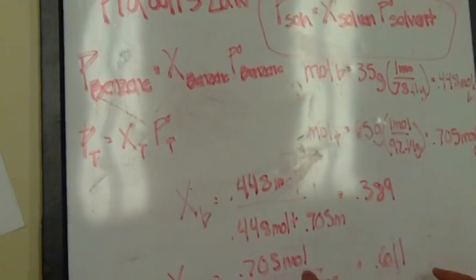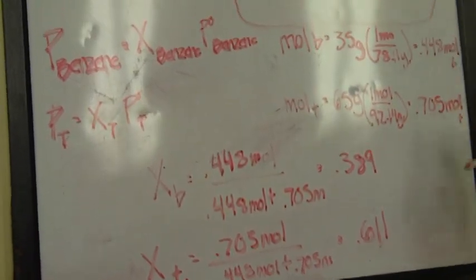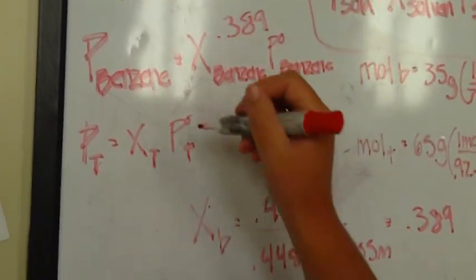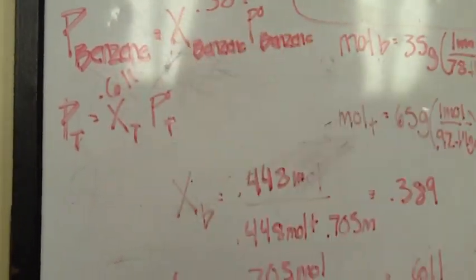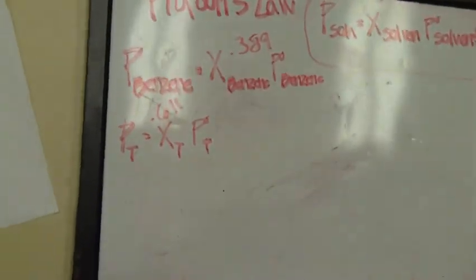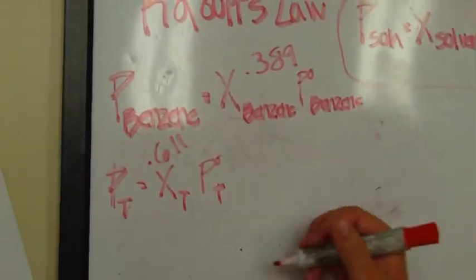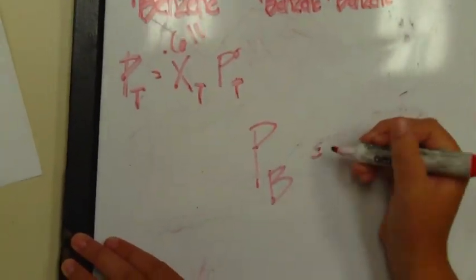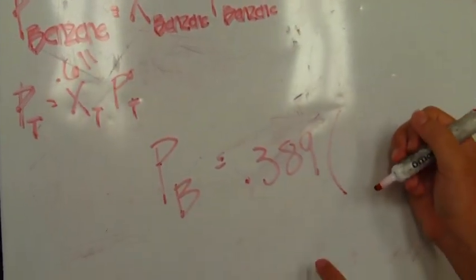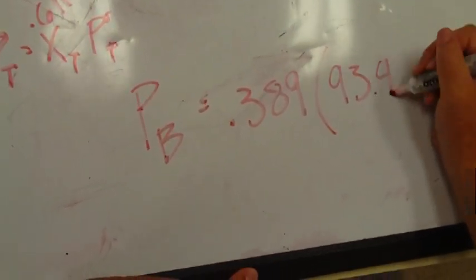All right, so we're going to plug these numbers in to find the pressure of the benzene. I'll just write 0.389 and 0.611 above here. The partial pressure of the benzene, well, I'll just write it out again. So P of B, we know, is going to be 0.389 times the partial pressure which they gave us, 93.4 torr.